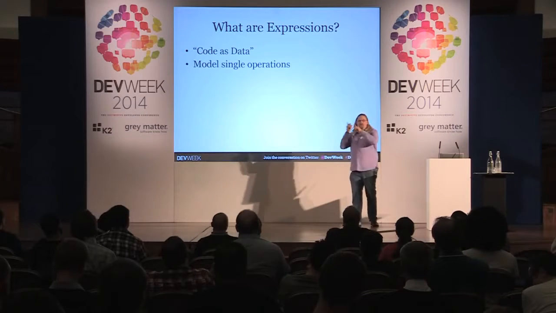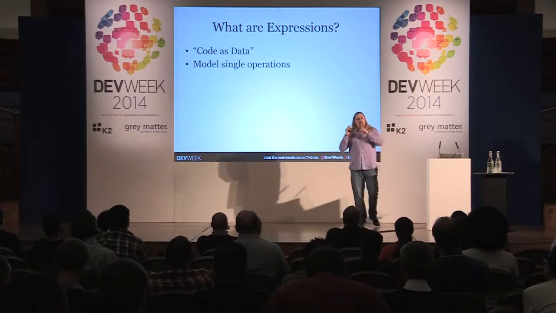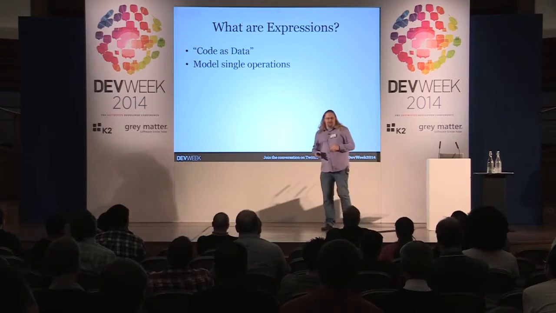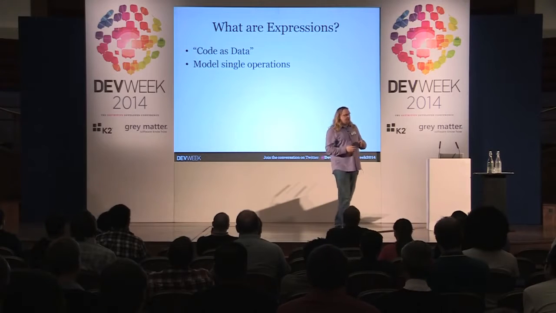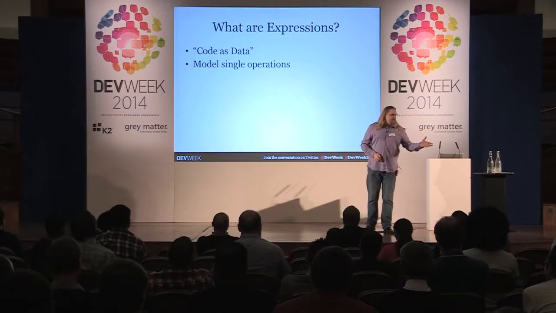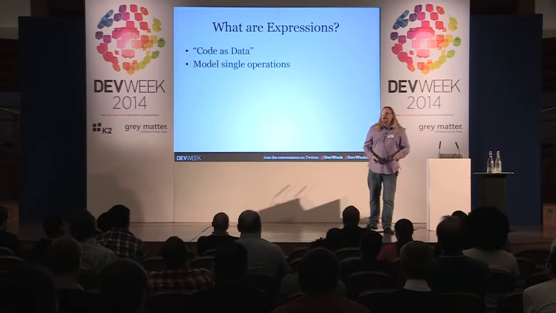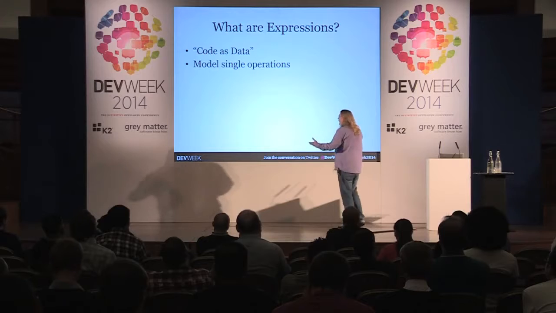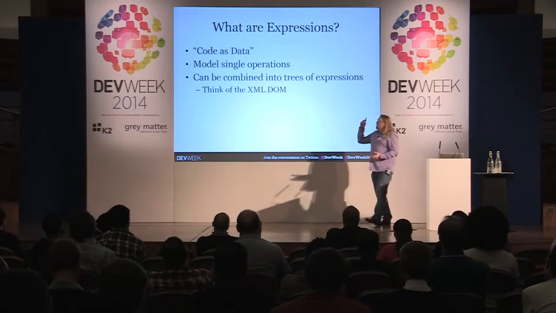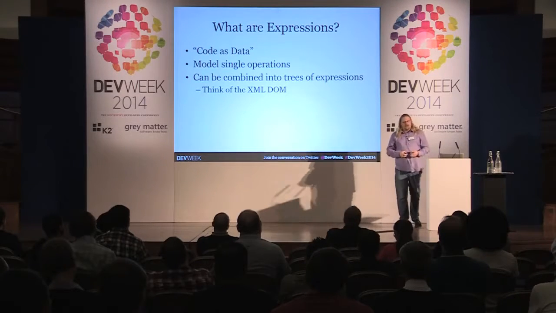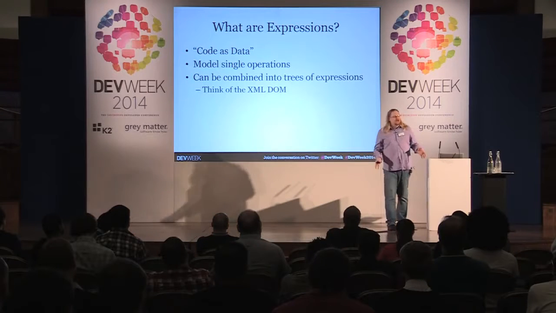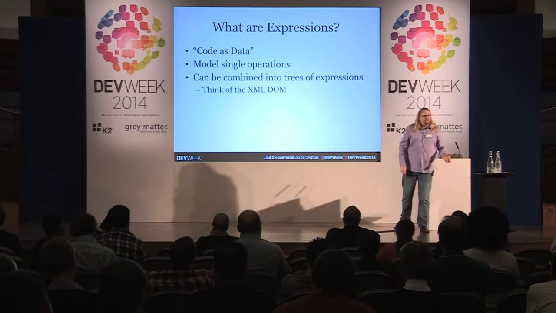But expressions, certainly in .NET terms, an expression is a single operation. Okay, so it's an evaluation. So is something greater than or equal to? We'll come into them, and they can be combined together to form trees of operations. So think of things like the XML DOM.